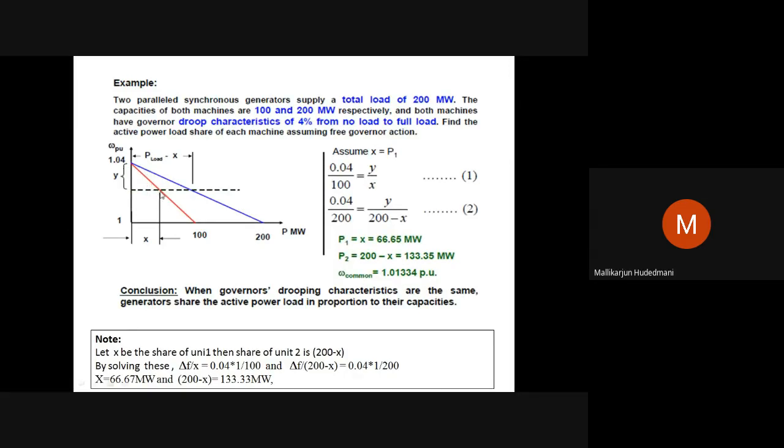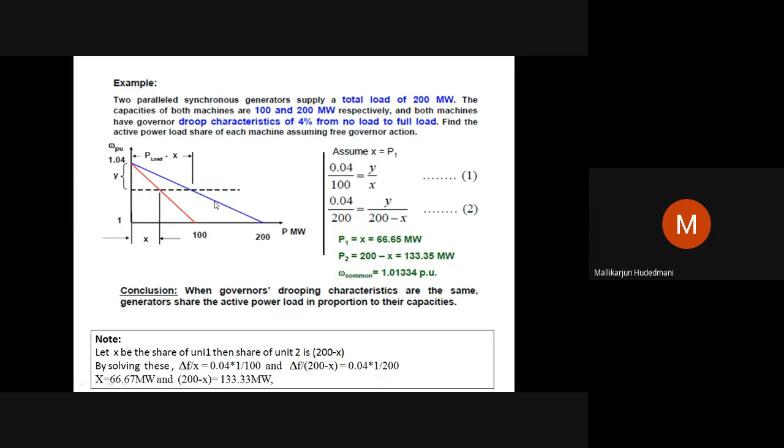This red line has a slope y by x. Can you see? Droop of machine 1, 4%, divided by its capacity, 100, is equal to the slope of this line, y by x. This is the first equation from the machine 1 perspective.